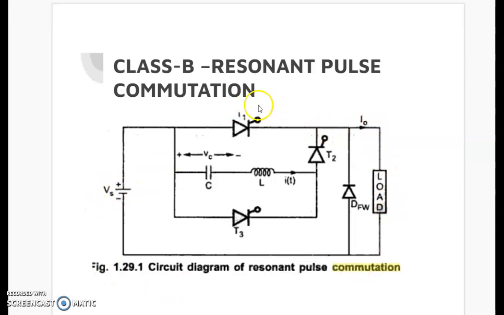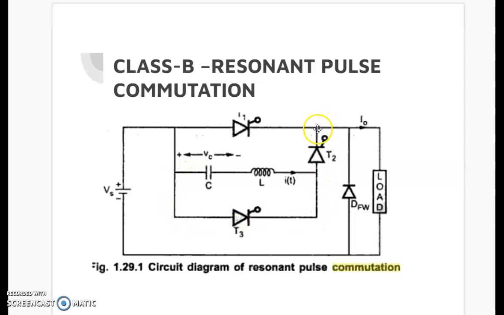So to stop this, when the capacitor is completely charged, there will be a voltage VC across this capacitor. This side is positive and this side is negative. When we apply a triggering pulse to T3, the current will start flowing via the capacitor to T3.